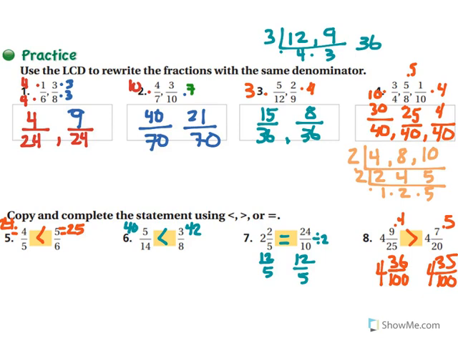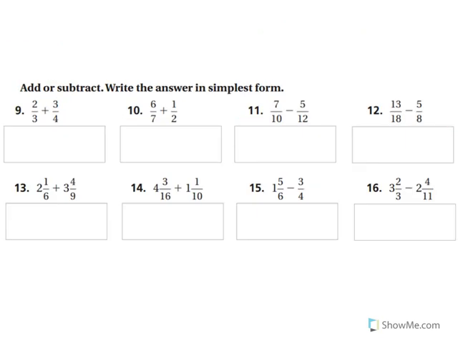All right? So now we're going to look at 9 through 16. These are going to be adding and subtracting. You can use any method you want, but you do have to come up with the common denominators. I'm going to trust you on this. I'm going to go ahead and pause this, and I'll work through them with you real quick after you finish yours, and we'll see how you do, okay? So pause this, try them out, and then see how you do.